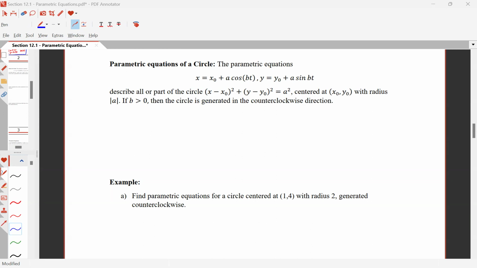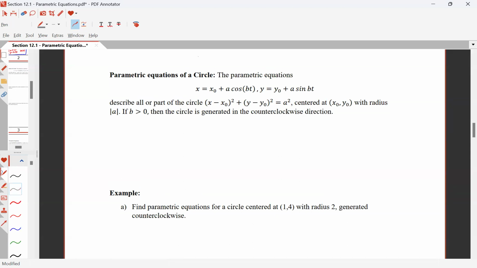If b is bigger than 0, then the circle is generated in a counterclockwise direction. We can also get a clockwise direction by switching the sine and cosine. x equals x naught plus a sine bt, and y equals y naught plus a cosine bt will generate clockwise.